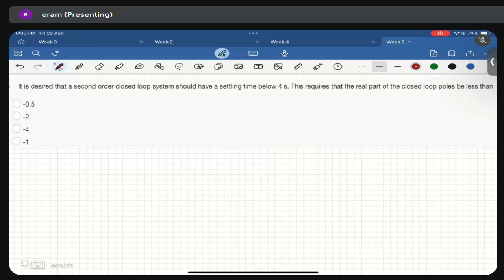For this question, first you should remember how we calculate the settling time of a second order system.